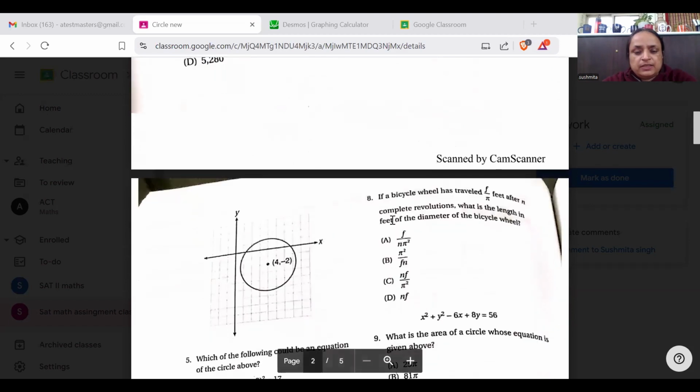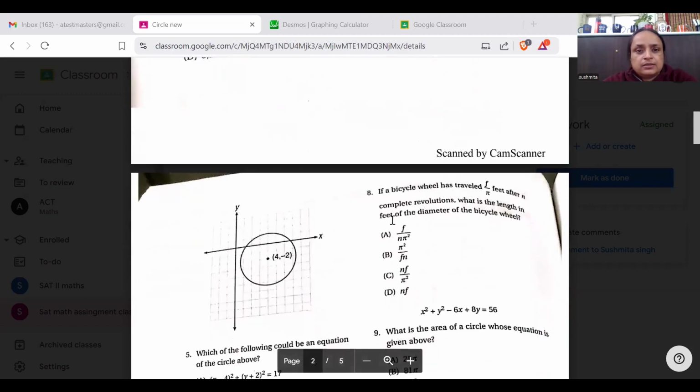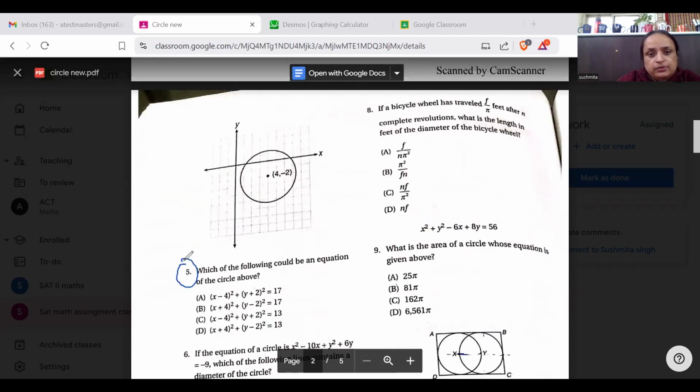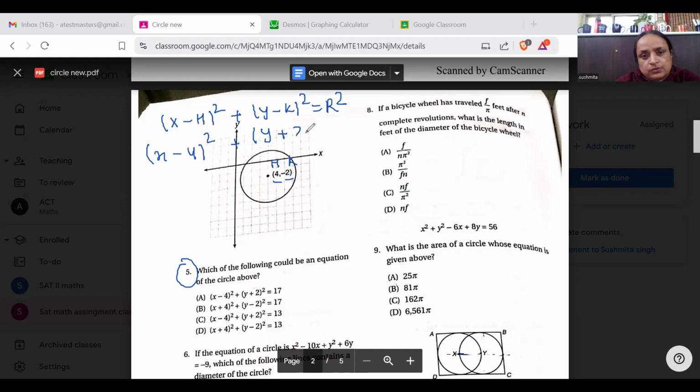We'll specifically deal with the questions that require the circle equation. In question number 5, you can see the center is 4 and -2, and they have asked which equation should work. From here we know that x minus h whole squared plus y minus k whole squared equals r squared, so this is h and this is k. That means x minus 4 whole squared plus y plus 2 whole squared.